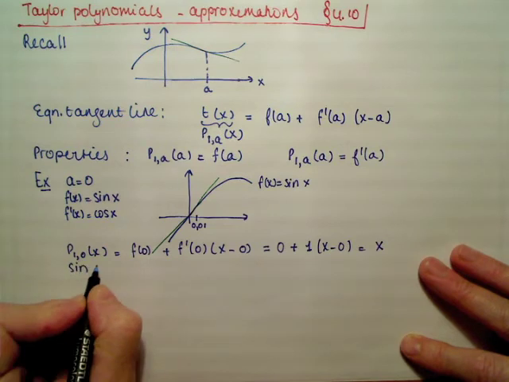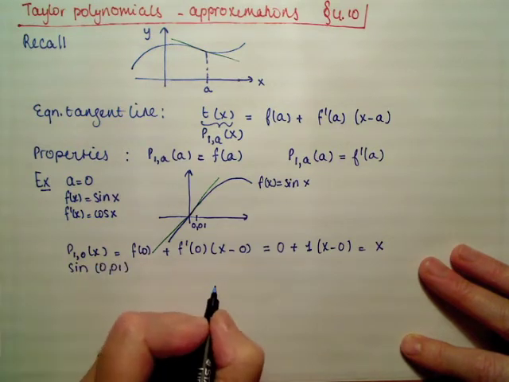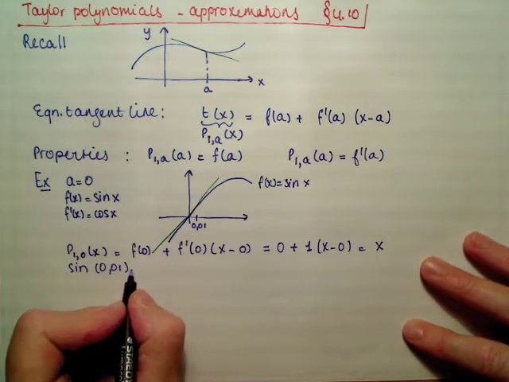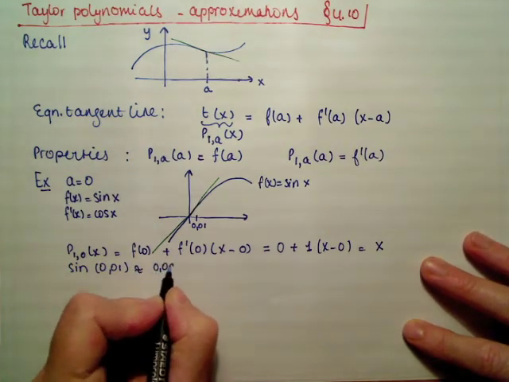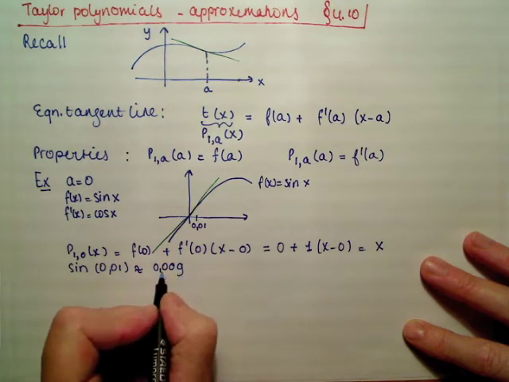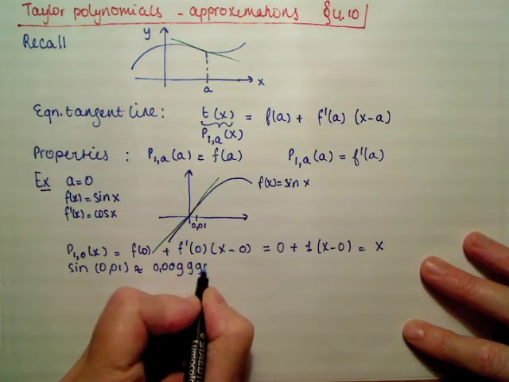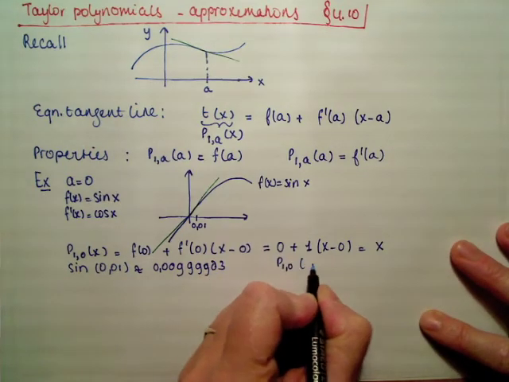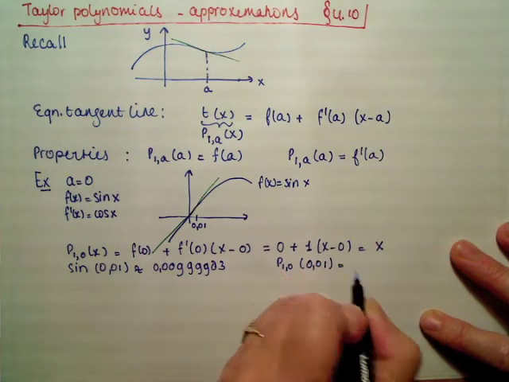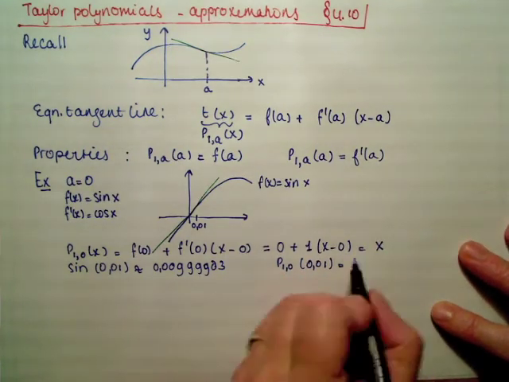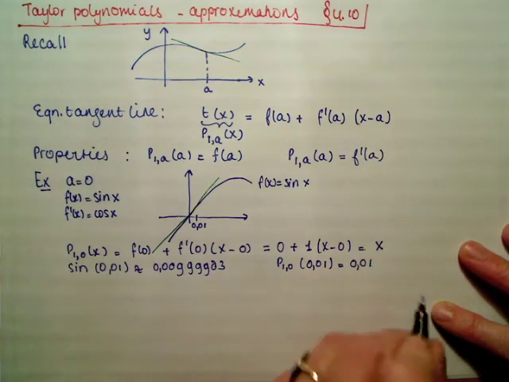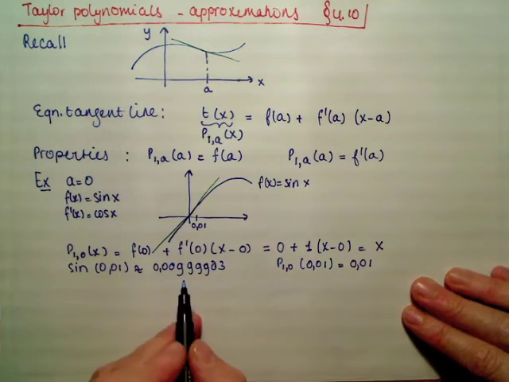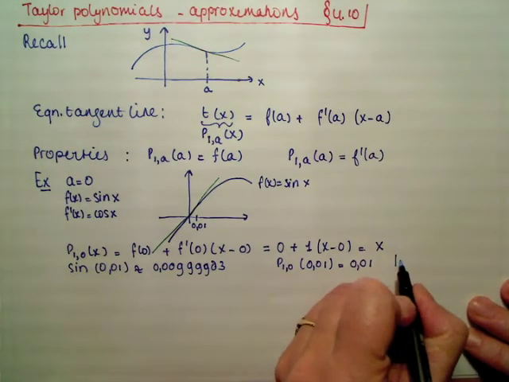So we get sine of 0.01 is approximately equal, if we just plug it into some computer program, to 0.00999983. And if we compare it to the polynomial evaluated at the same point, then we get 0.01, so 1/100th. And you see that the difference is already very small.